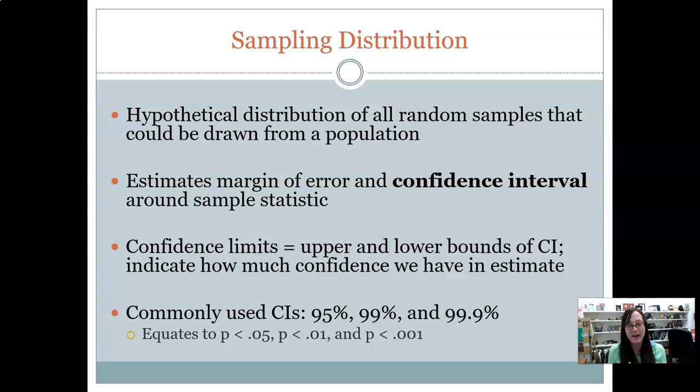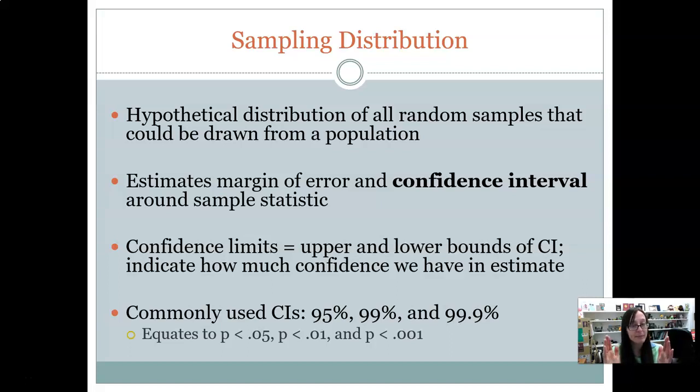If I want to be 99% sure, I have to increase that confidence interval a little bit, because now I'm more sure. My confidence interval is bigger, but I'm more sure that my true population value lies in there somewhere. And if I want to be 99.9% sure, I can make the confidence interval even bigger to be more sure that my population value is somewhere in that confidence interval.